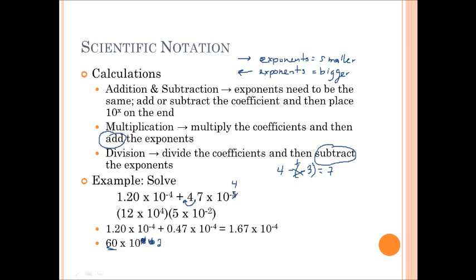So again, 12 times 5 is 60, then we say 4 plus negative 2, which should give us 10 to the second. So the answer here is 60 times 10 to the second is the correct answer.